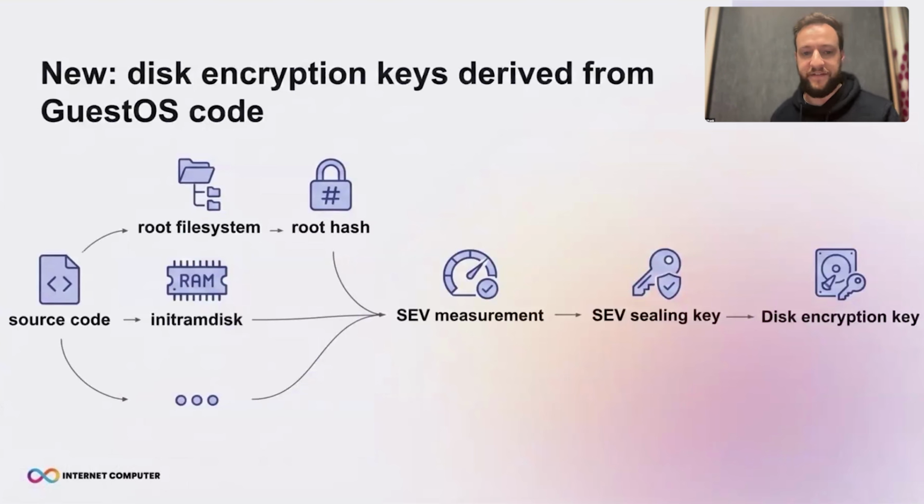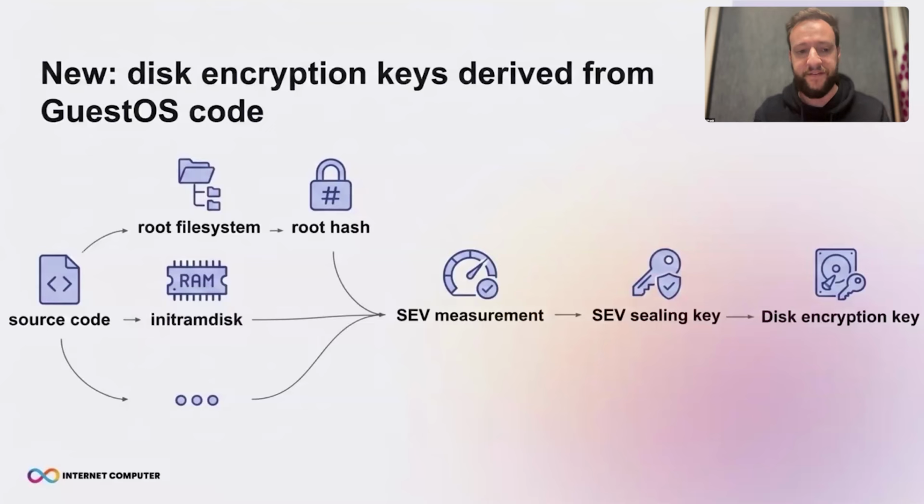Let's talk about disk encryption keys. This shows how disk encryption keys are derived on SEV-enabled nodes. The whole process starts with the source code. We compile this source code and we get the guest OS image out of it. This contains multiple parts.